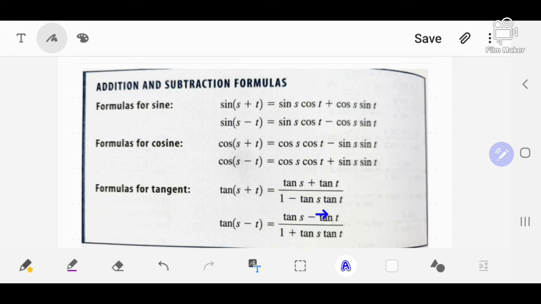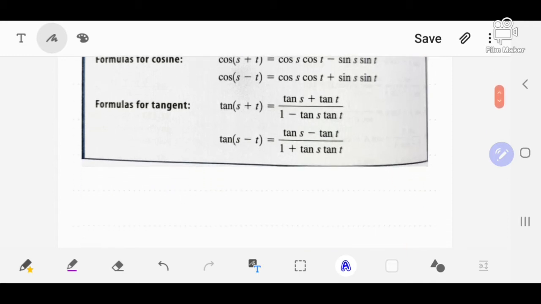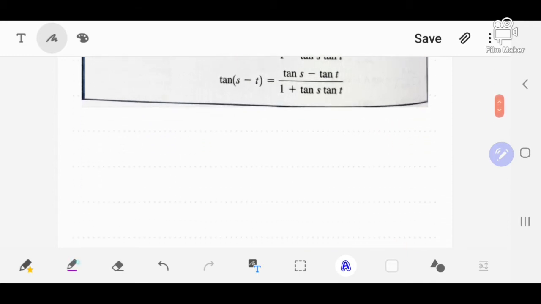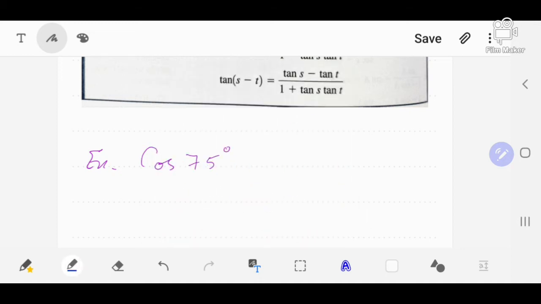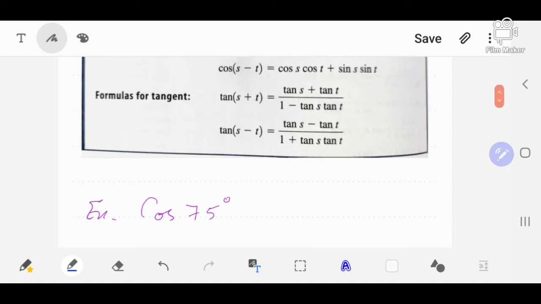Okay, now let's have an example on this. Try to figure out why do we need such an identity. Let's say that I'm asking you to find cosine 75 degrees without using a calculator. How would you find that without using a calculator? And that's the key. I'm talking about cosine here.